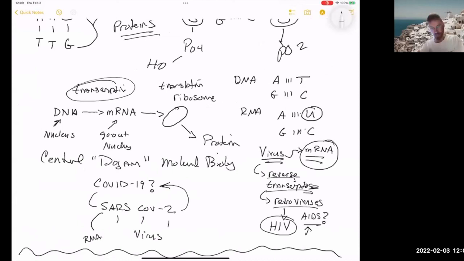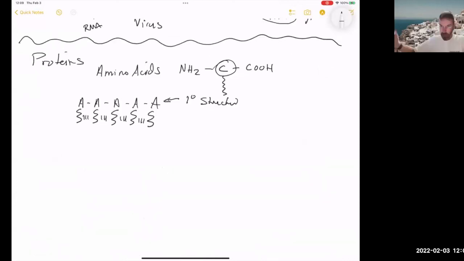And then a certain combination of amino acids will cause the polypeptide to turn and twist in a very specific way. And then that will produce what we call the secondary structure.